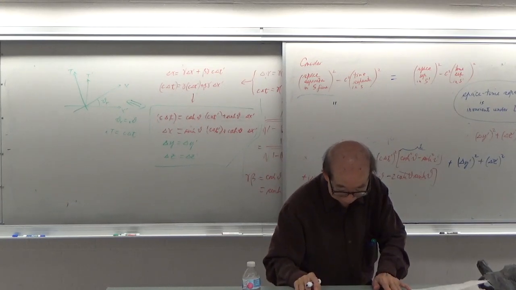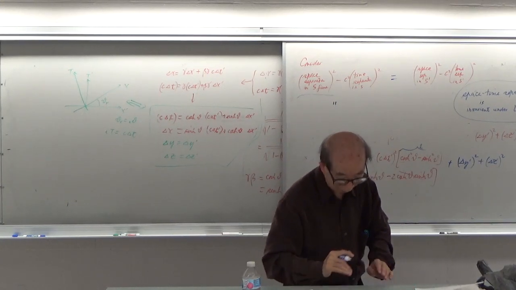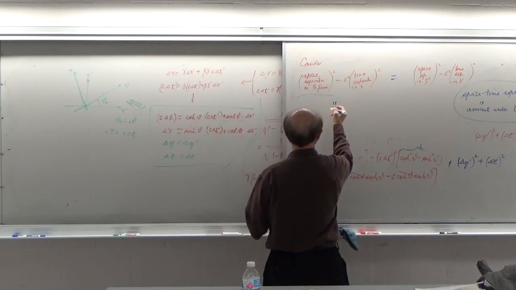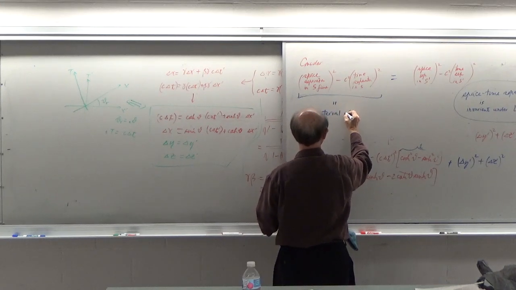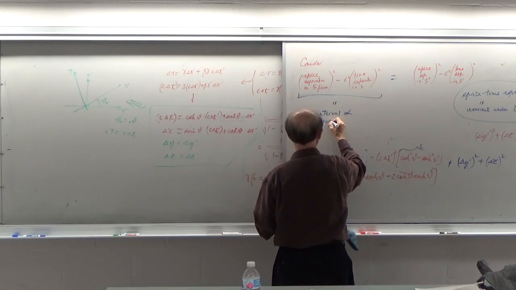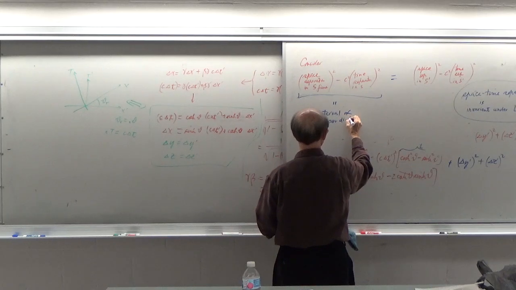Okay, this combination is sometimes called the interval of proper distance squared.